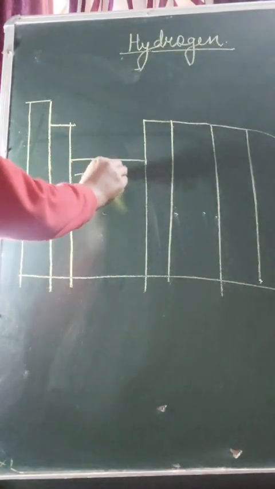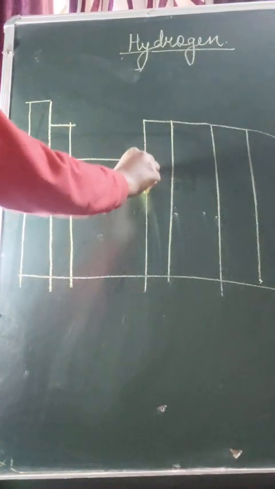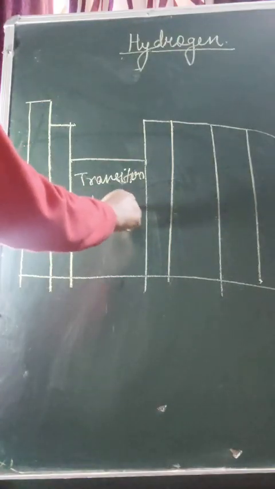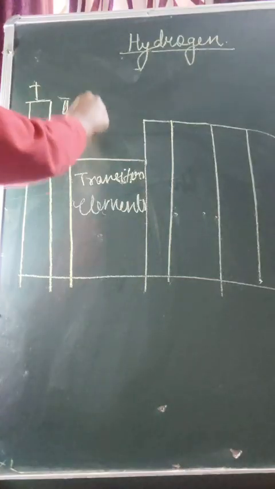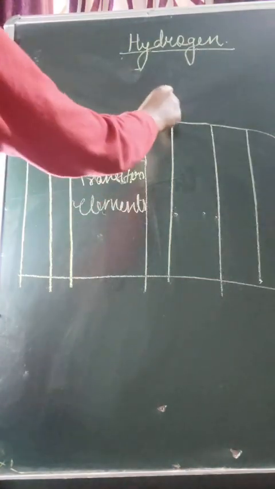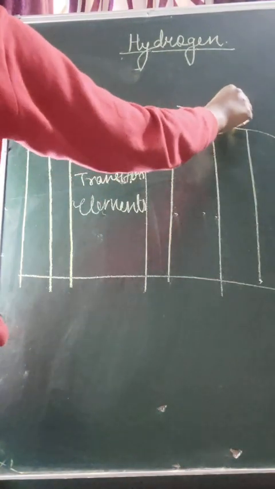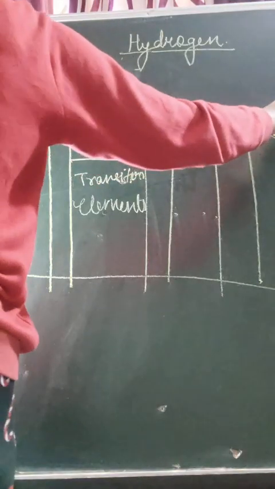This is the transition elements. This is 1, 2, 3, 4, 5, 6, 7, and 8.